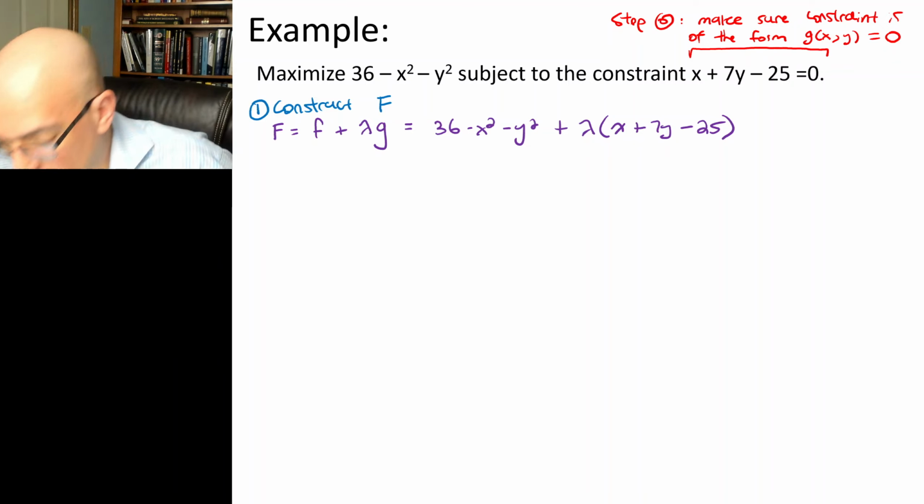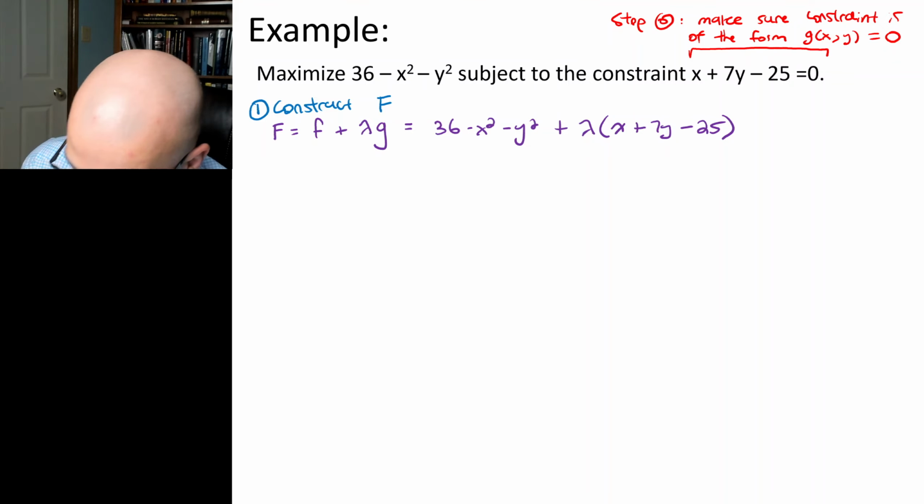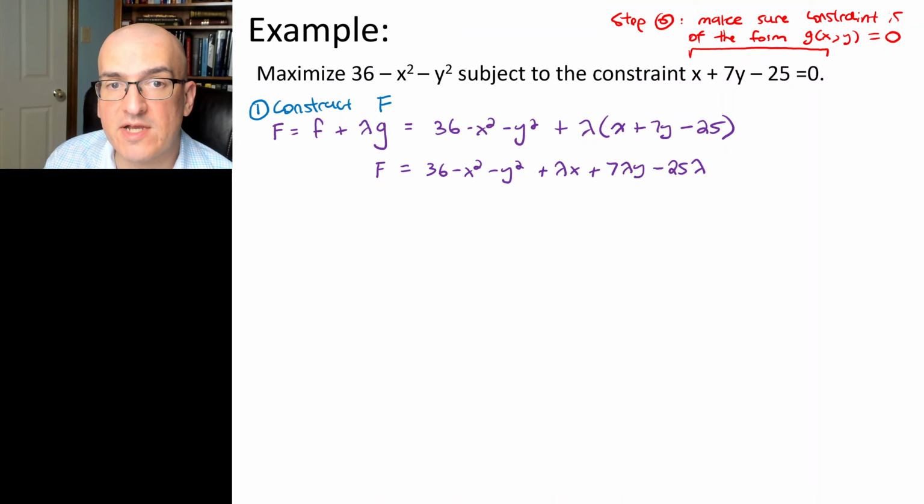Okay, and then let's multiply our lambda through the bracket there. So capital F is equal to 36 minus x squared minus y squared plus lambda x plus 7 lambda y minus 25 lambda. That's a function of three variables x, y, and lambda.